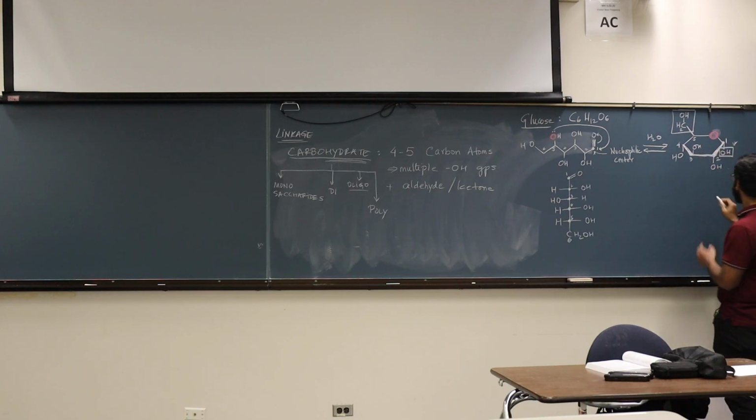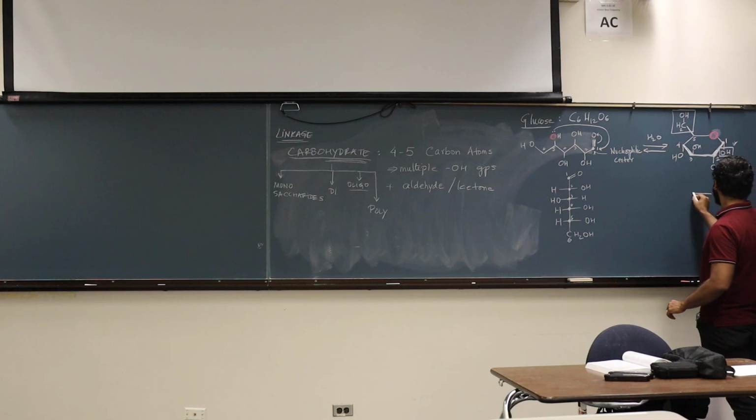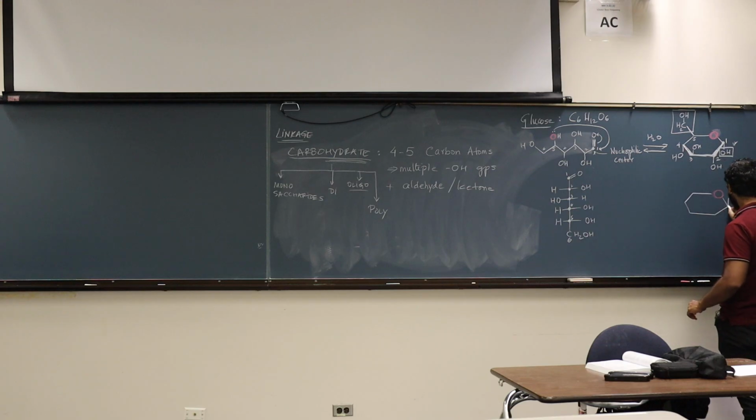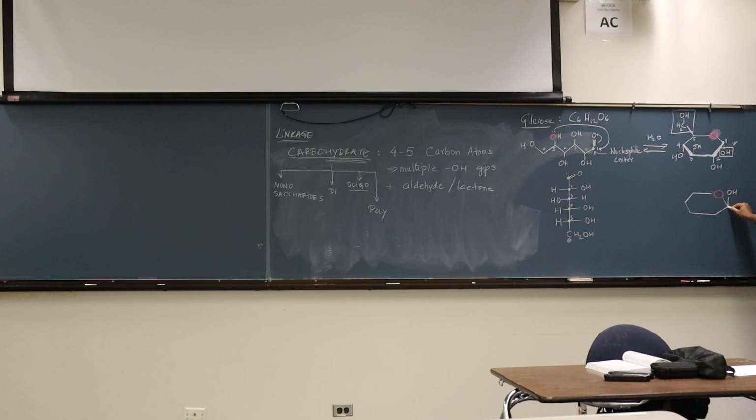Now think about it, that this structure can be represented in 2 ways or multiple ways, but let me represent it in another way. So when I'm showing OH down, there is an H down, which I'm not showing.